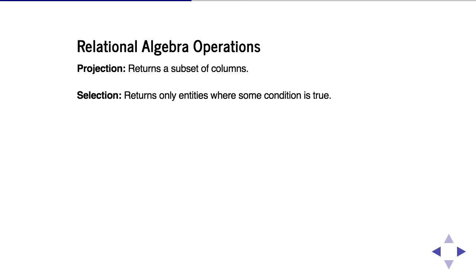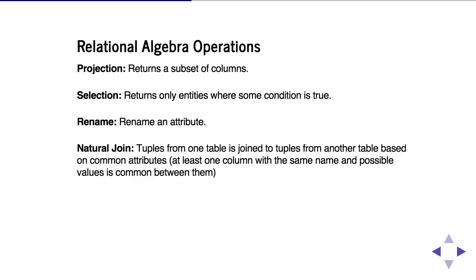Selection, you're returning only the rows where some condition is true. We can also rename attributes and join up tables. Natural join joins tables with the same column and data type, merging those two tables together based on that common column.